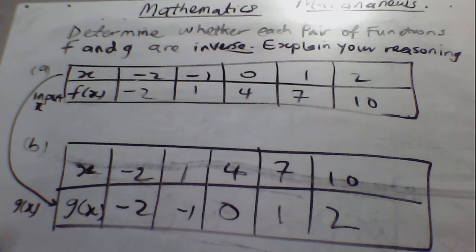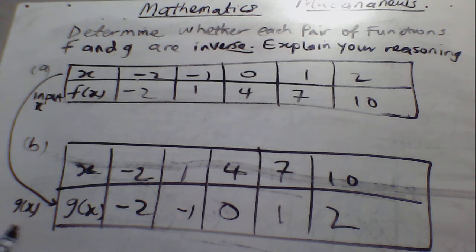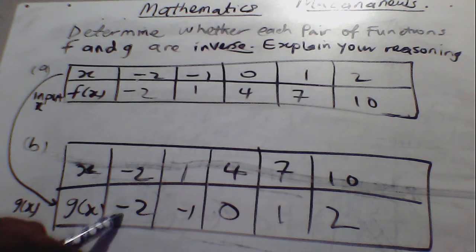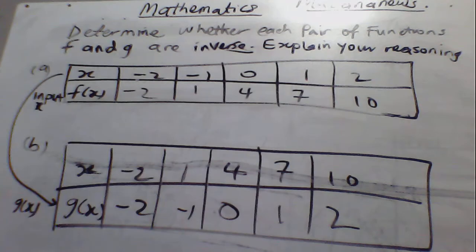I hope you are seeing it. So the table suggests that every input of x equals the output of the second table. Look at it. Minus 1, minus 2, minus 2, minus 1, minus 1, 0, 0, 1, 1, 2, 2. And then the output of this is equal to what? The input.